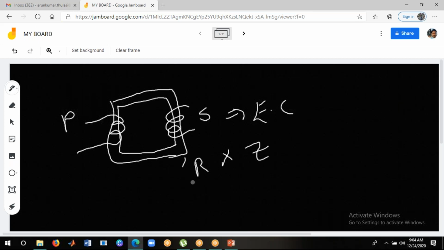We are going to derive these three parameters: resistance, reactance, and impedance. The relation between these three parameters is Z equals R plus jX. So this is the equation we need to find.